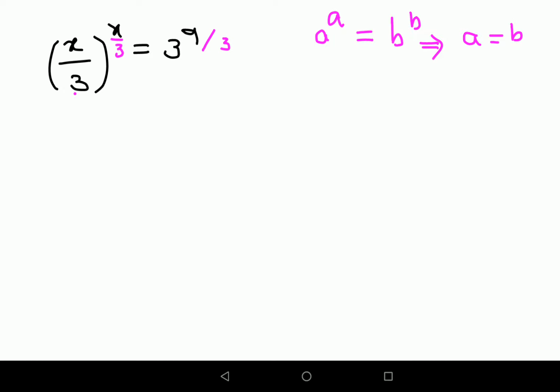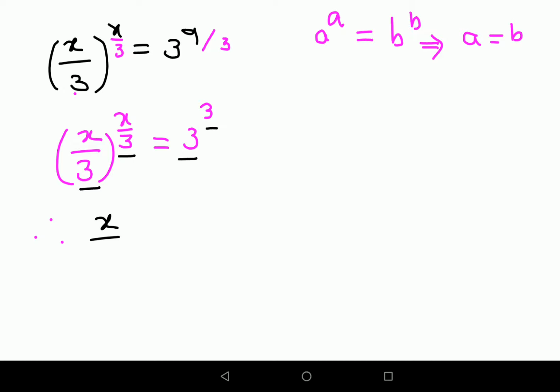So your question now changes to x upon 3, the whole raised to x upon 3, is equal to 3 raised to 9 upon 3, which becomes just 3. Therefore, since the bases and the indices are the same on both sides of the equal to, I can say x upon 3 comes out to be just 3. Therefore, the value of x is just 9.